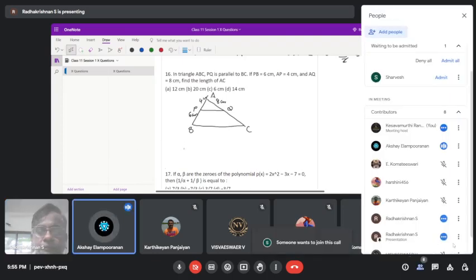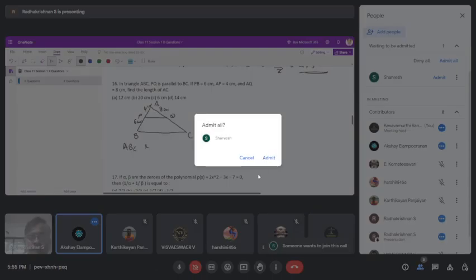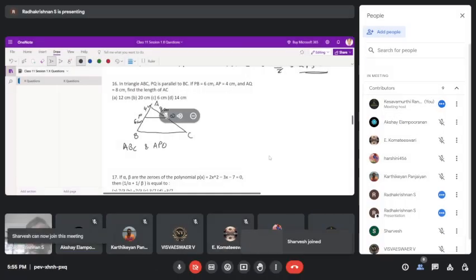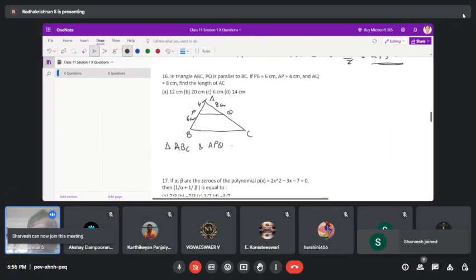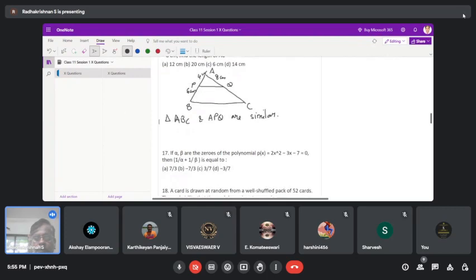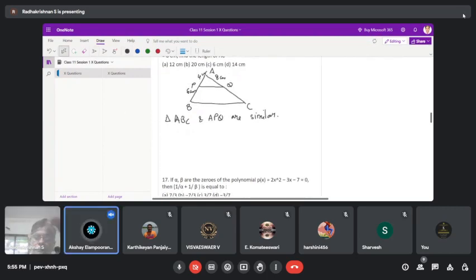Sir, triangle ABC and triangle APQ. Very good. Triangle ABC and APQ are similar. So what is the property of similar triangles? If two triangles are similar, their sides are in proportion, sir. Very good. So sides are proportional.